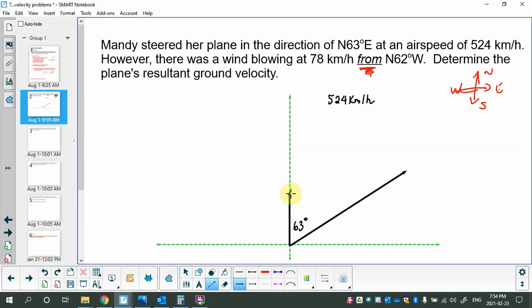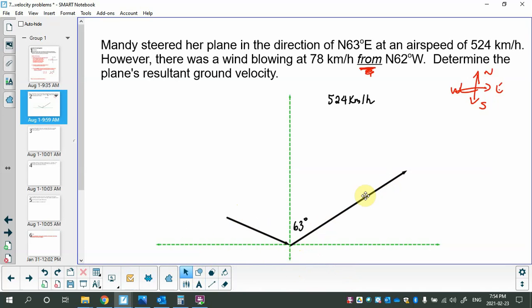Hang on, bear with me for a second. So north 62 degrees west is like that. And what I need to do is fling it around. So it's coming from that.